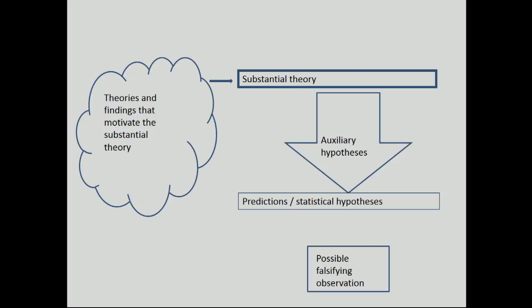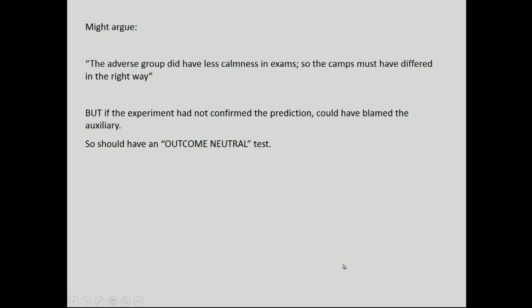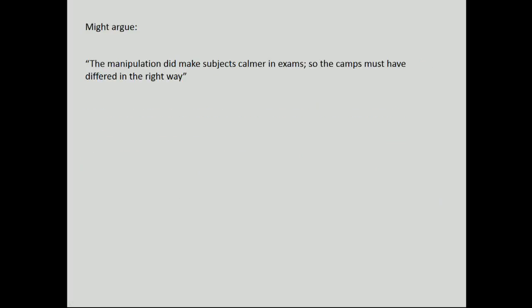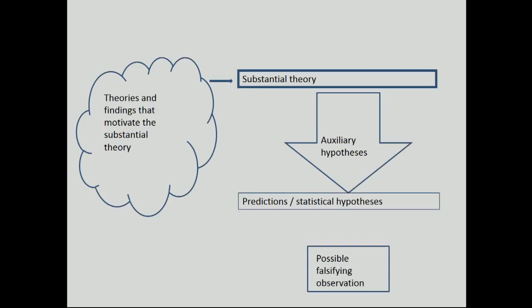So then, if you get a certain set of results, there must be possible results that are falsifying. So that if you get a possible falsifying observation, that falsifies the prediction. And then, because the auxiliary assumptions are taken as true, you say that falsifies the substantial theory, or at least counts against it.